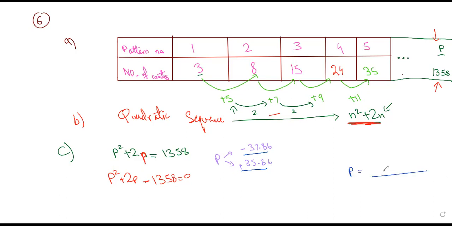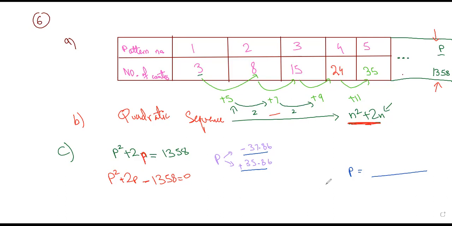The positive one. Yeah, so what would that be? 35.86? Yes. Okay. And what about you, Turhan? It has to be the positive value. So positive 35.83. All right.